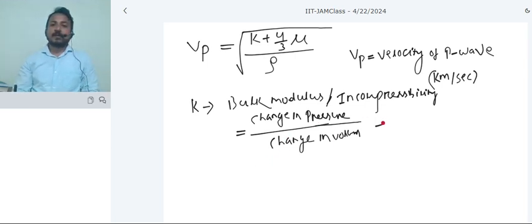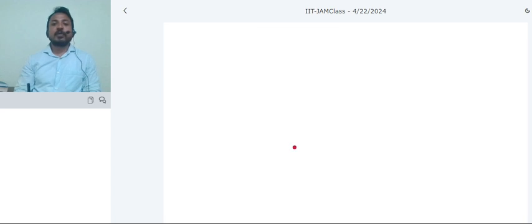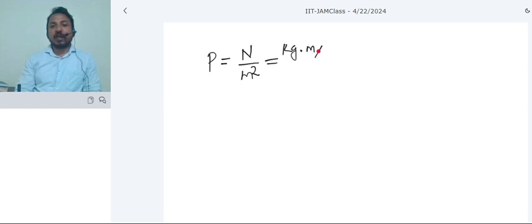Then del P by P divided by del V, that is your volumetric strain, isn't it? So it has a unit of Pascal, which is a pressure unit. Pressure is Newton per meter square. Newton is mass into acceleration, mass in kg, acceleration in meter per second square, divided by meter square.